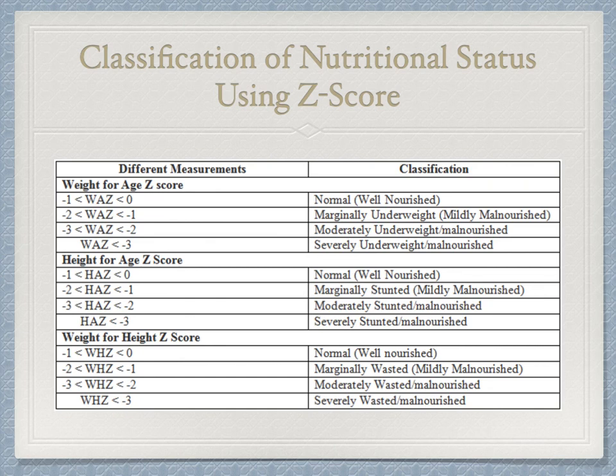And moving on to height, once again, the same principles apply. Between negative 1 and 1 is considered a normal height. What we're concerned about in height is a lot of times children with chronic diseases such as chronic lung disease or congenital heart failure are often stunted. So you'll see their z-scores down around negative 2, negative 3 consistently.